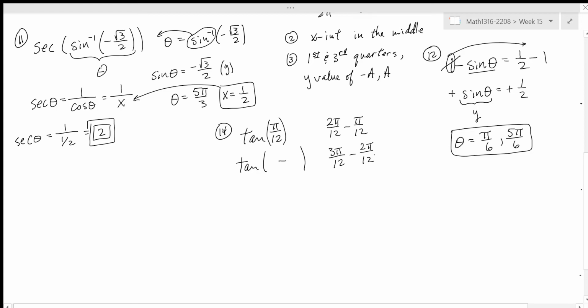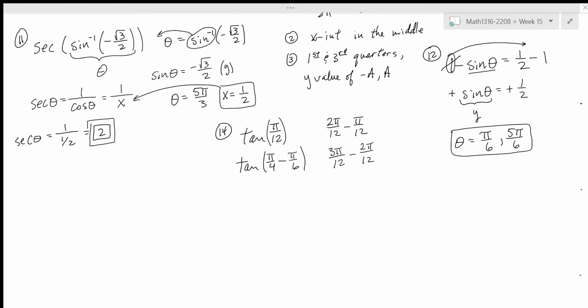Does that subtract and make 1 pi over 12? And what does 3/12 reduce to? And what does 2/12 reduce to? Now can you see I have found a pair of angles that subtract and make pi over 12, and they're both in the unit circle.